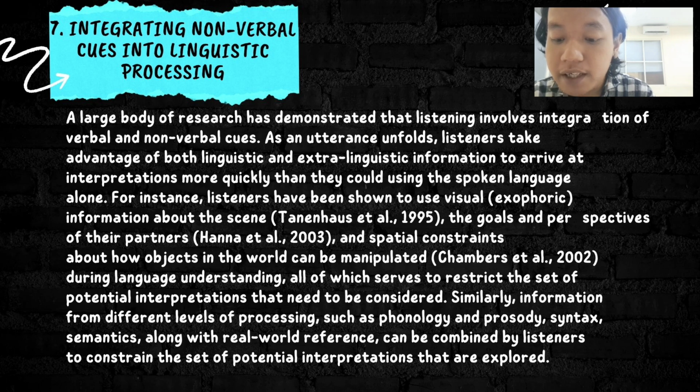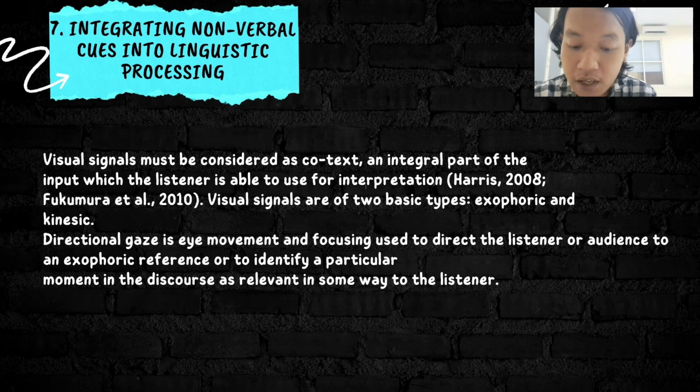Similarly, information from different levels of processing, such as phonology and prosody, syntax, and semantics, along with real-world reference, can be combined by listeners to constrain the set of potential interpretations that are explored. Visual signals must be considered as co-text, an integral part of the input which the listener is able to use for interpretation.